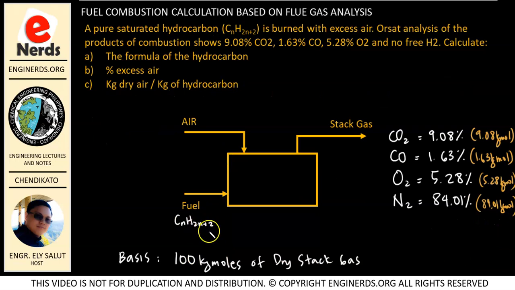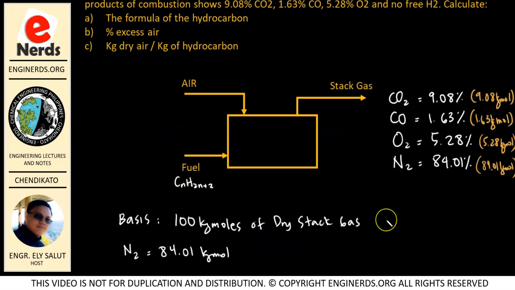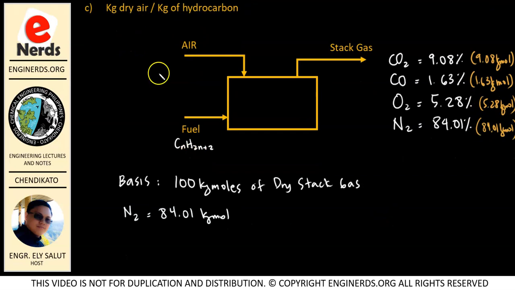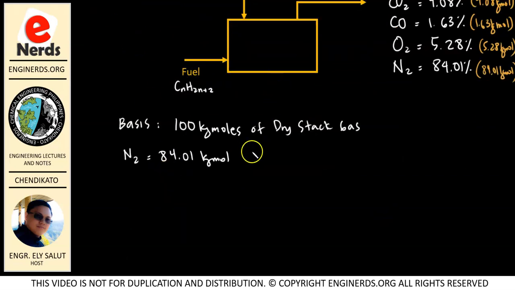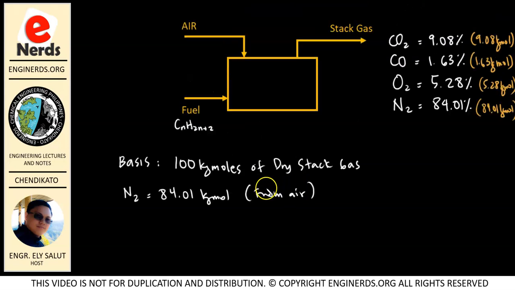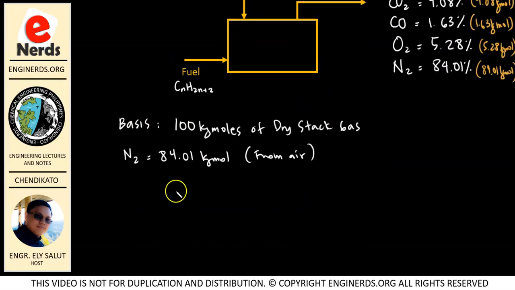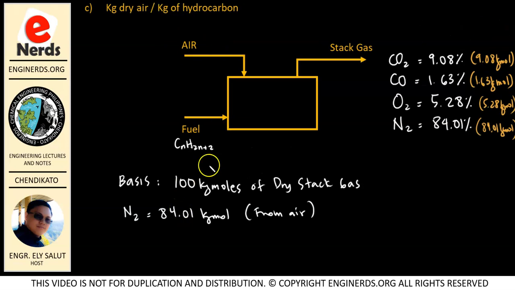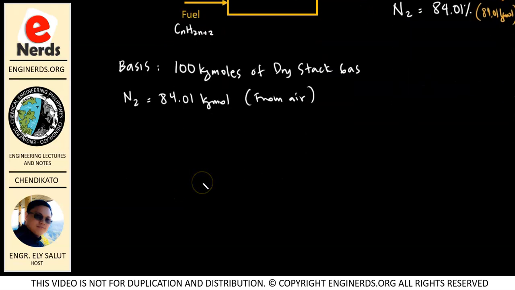So that means our nitrogen is all coming from air. Since this is all coming from air, we can easily determine how much oxygen we have in the air. And that will be our oxygen supply, right? So that is our O2 from air.